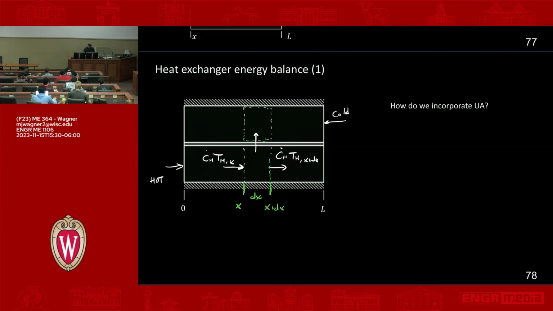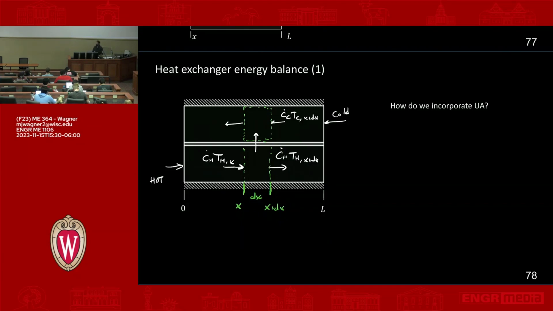And then on the cold side, we have flow going this way. So at the top, on the right, going in, we have C dot C times TC. The question is, is this x or x plus dx? Well, we're setting up a single, aligned control volume, so x has to be the same in both models. So it's x plus dx.